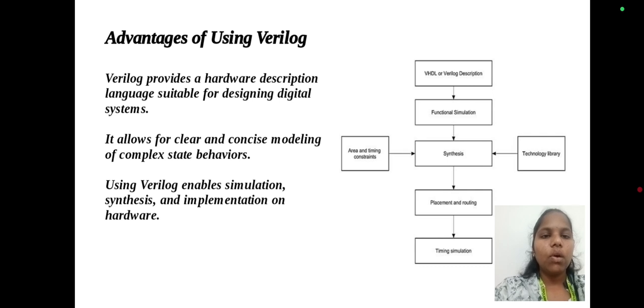Using Verilog enables simulation, synthesis, and implementation on hardware. Area and timing considerations, synthesis: Verilog description, functional simulation, synthesis, placement and routing, timing simulation, technology library.